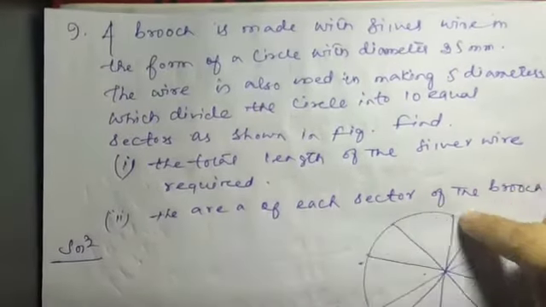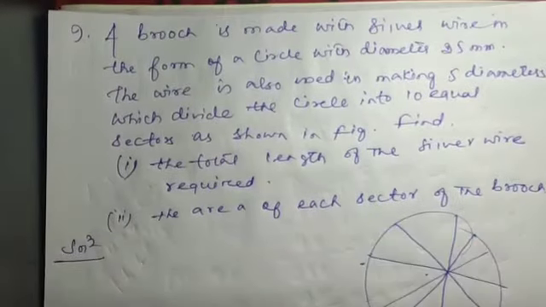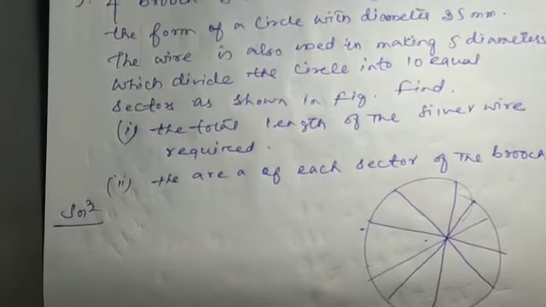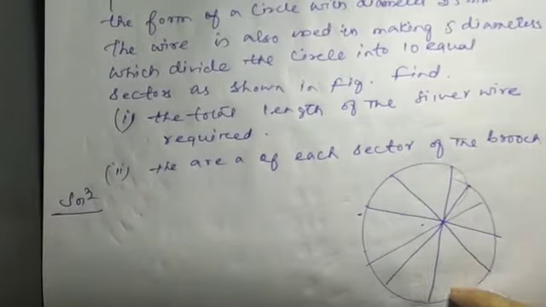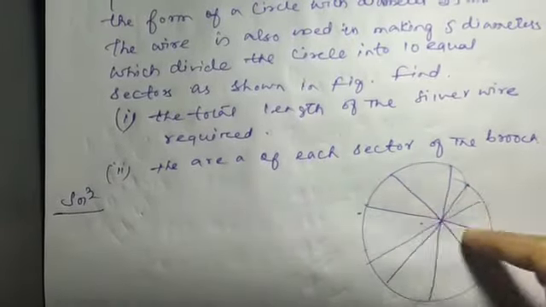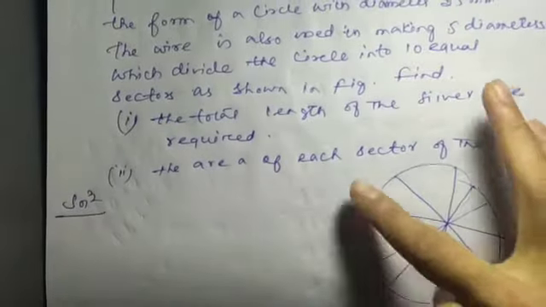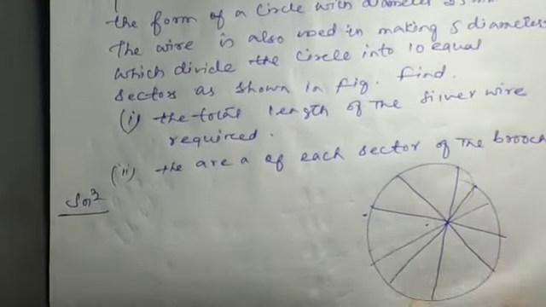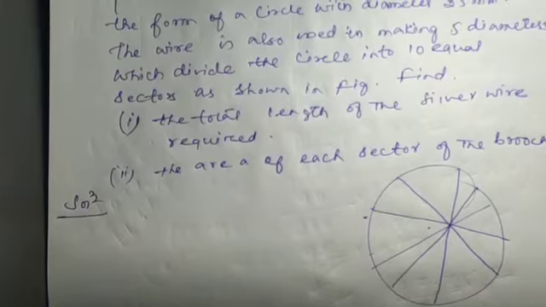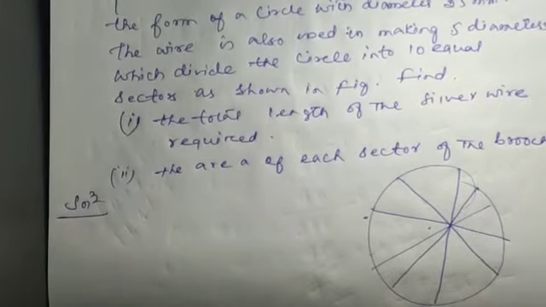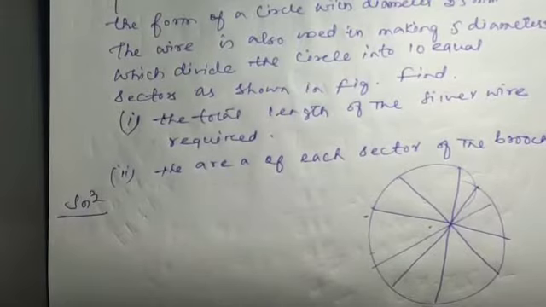Okay. So now where is the silverware used? Silverware is used to form this circle and these 5 diameters. Total how many diameters? 5 diameters are given, right? So the silverware is used to make the circle and to make the 5 diameters.